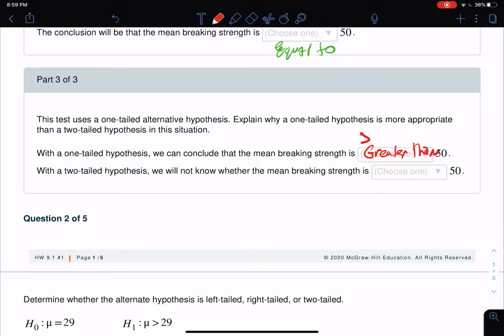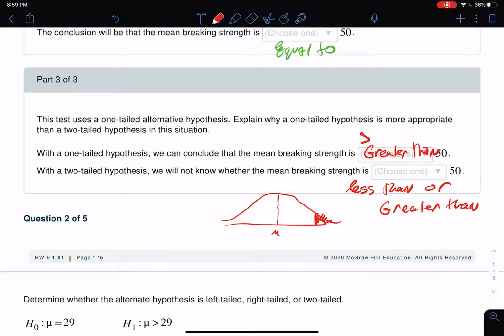Well, with a two-tailed test, we would know whether the mean breaking strength is less than or greater than. We don't want to know if it's less than or greater than. A two-tailed test would tell us if it's greater than that mean or if it's less than. We want to know if it's greater than. So that's why the two-tailed is not appropriate for that problem.